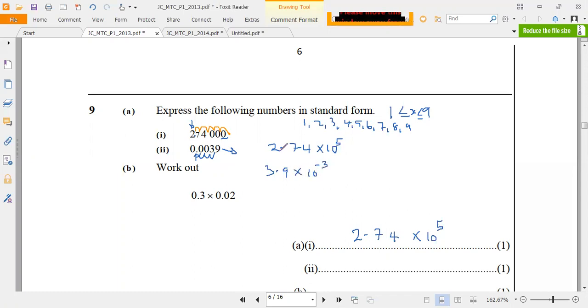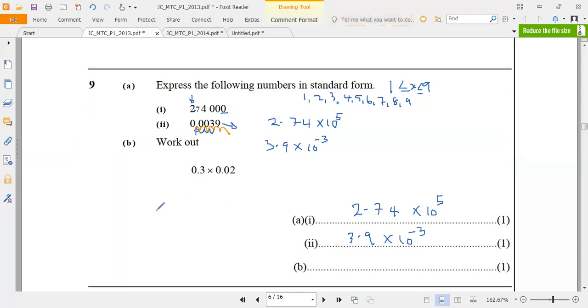When the decimal point moves to the right, the power of 10 is negative. When it moves to the left, the power of 10 is positive.